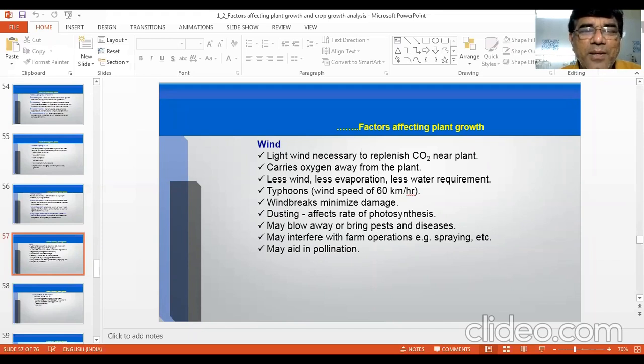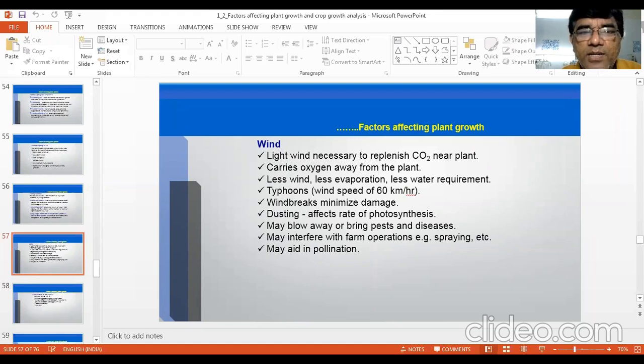Being a student in agronomy or soil science, you must have studied factors affecting water requirement, and in that you will see wind is also there. If it is a typhoon, with very speedy winds, they can uproot your plant and lodging can occur. So definitely a typhoon will reduce growth. Wind breaks minimize the damage. You can use wind breaks to minimize the damage by winds.